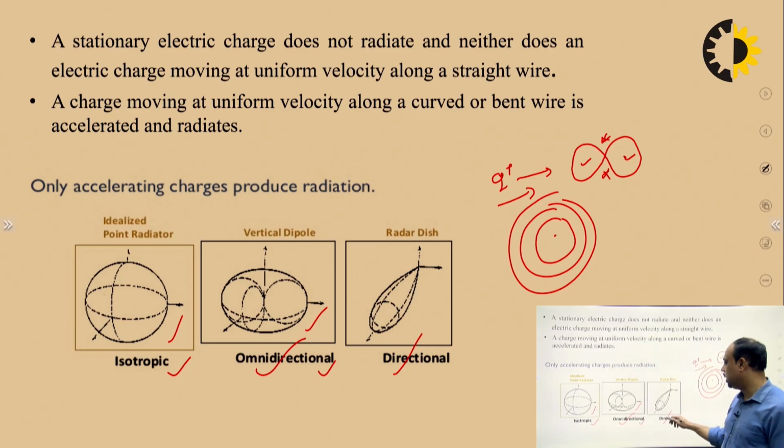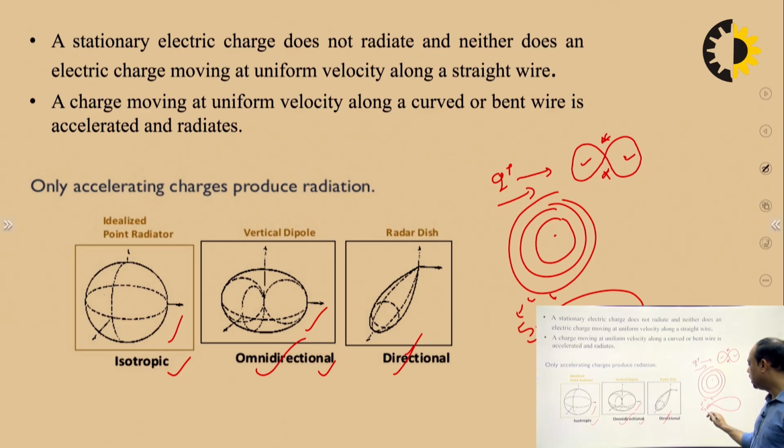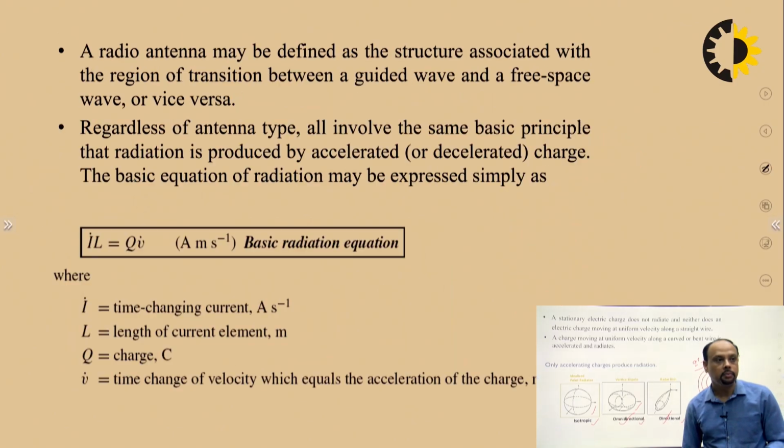While in a directional antenna, the antenna is at one end, and it provides the signal in one particular direction, and there is no signal or very little signal in the other direction, as we can see in the directional antenna pattern.